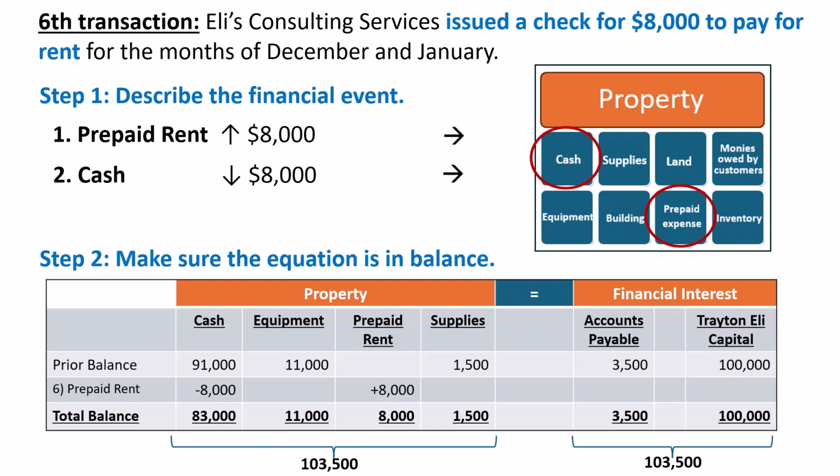The table we've been using provides us with a lot of information already, and it's really interesting that these numbers already tell a financial story about this business, such as how much cash is available, $83,000, how much the company owns in terms of equipment, $11,000, prepaid rent, $8,000, supplies, $1,500, and how much the company owes to others, $3,500 in accounts payable and $100,000 to the owner. And we only recorded 6 transactions, so it's still fairly easy to have a good overview of the amounts.